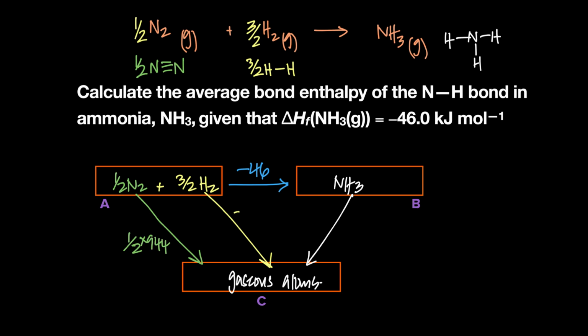The second is 3/2 of H-H, which is 436 from the data booklet. And this is 3 of the bonds you don't know, so 3 of each bond, which is X.